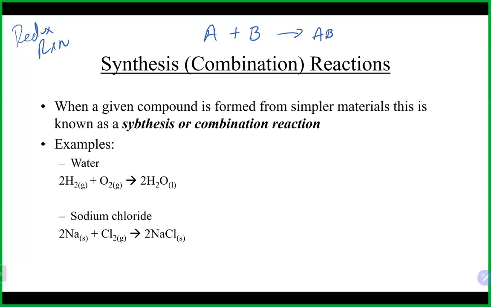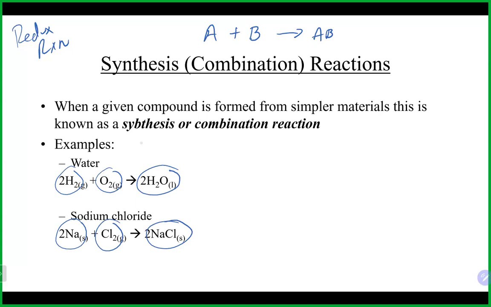So basically two things make one thing is a combination or synthesis reaction. I see H2 and O2, that is two things make one thing, combination or synthesis reaction. Sodium, chlorine, two things make one thing, combination reaction, right? Again, they are also redox reactions.